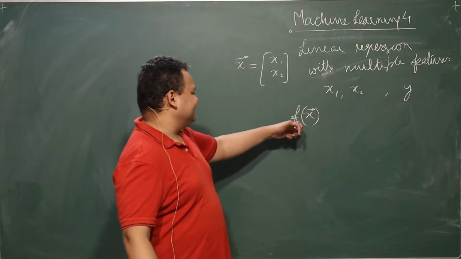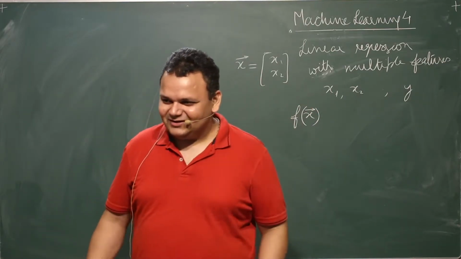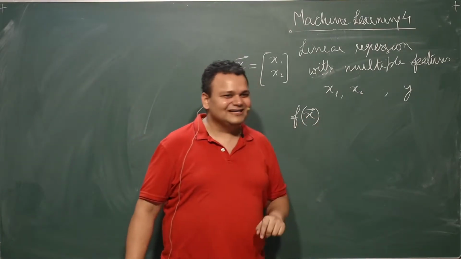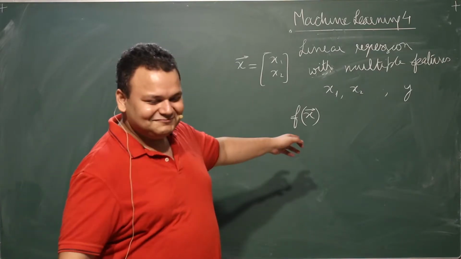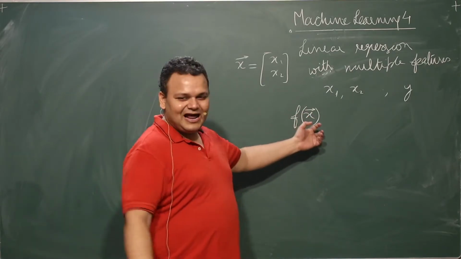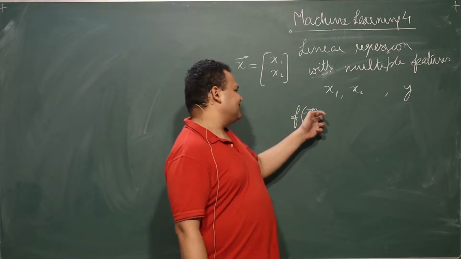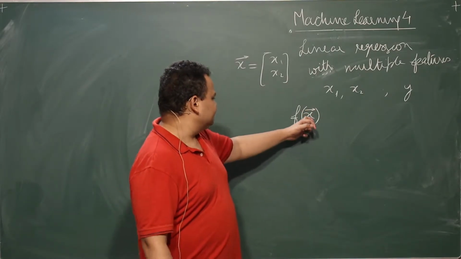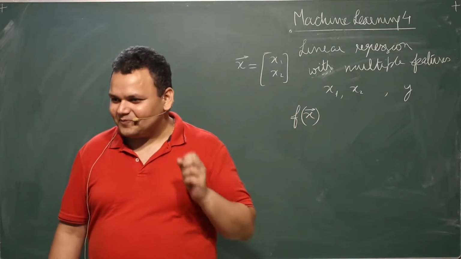We'll use the arrow on top for vectors. I have not seen this notation anywhere else, so please do not blame me. I'm using this just because I do not have the facility for writing the bold letter here. What does this mean? It's a function of two variables, x1 and x2.